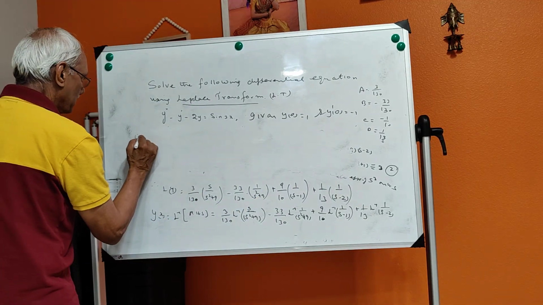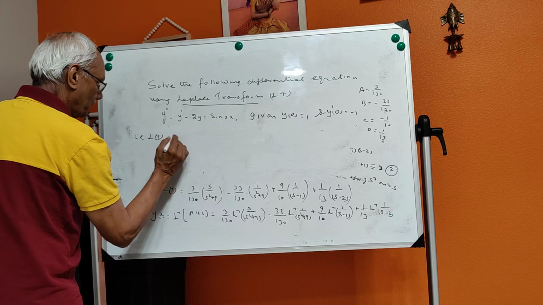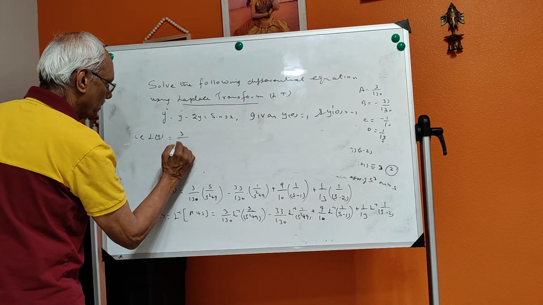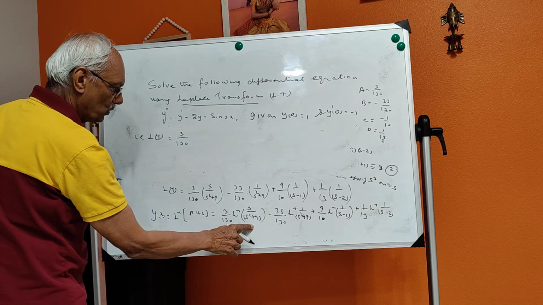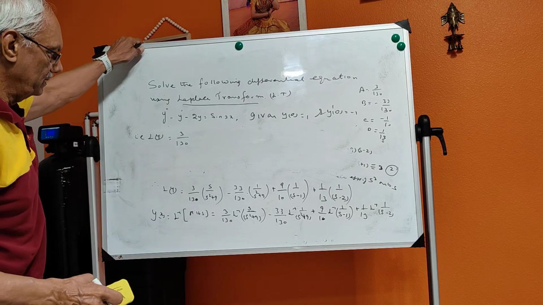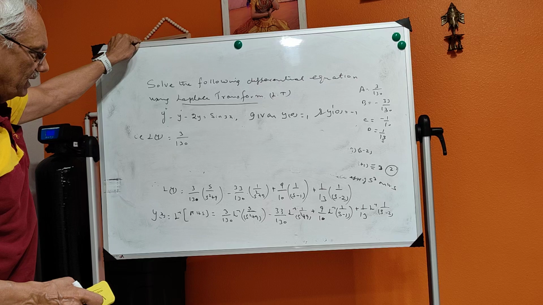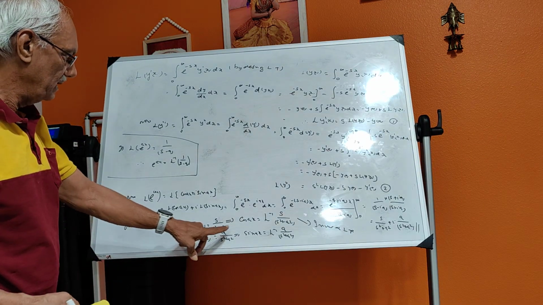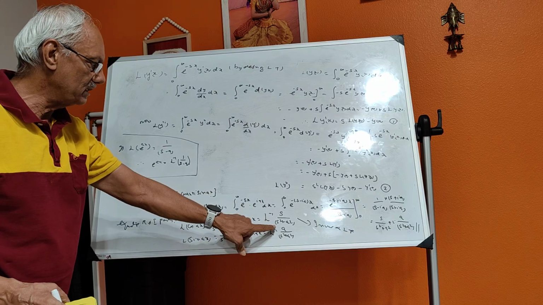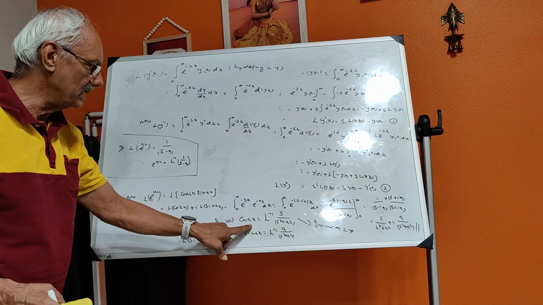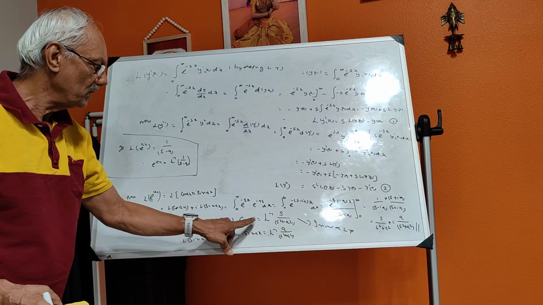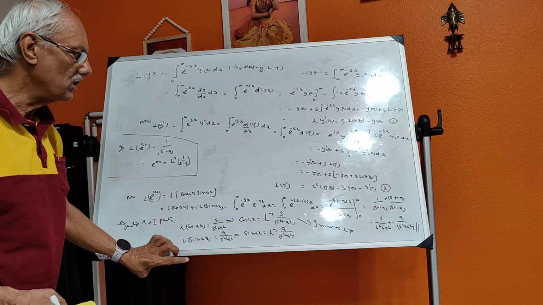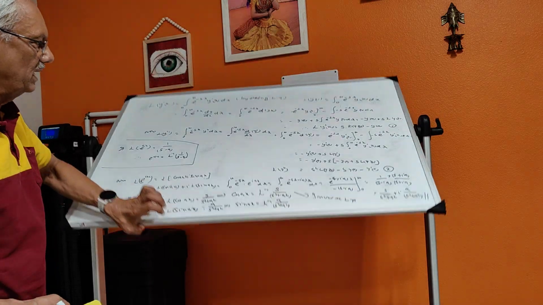That is, L of y is equal to 3 by... L minus 1 of s by s squared plus 9 is nothing but your cos ax. In the place of a you have got 3, therefore it is cos 3x. Refer to this, you will understand.